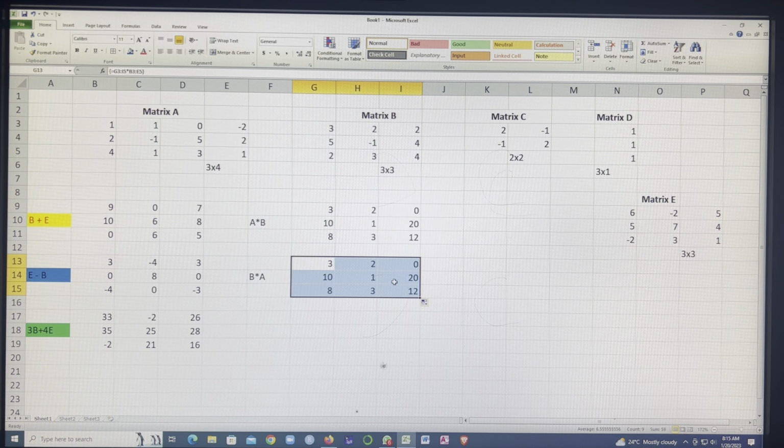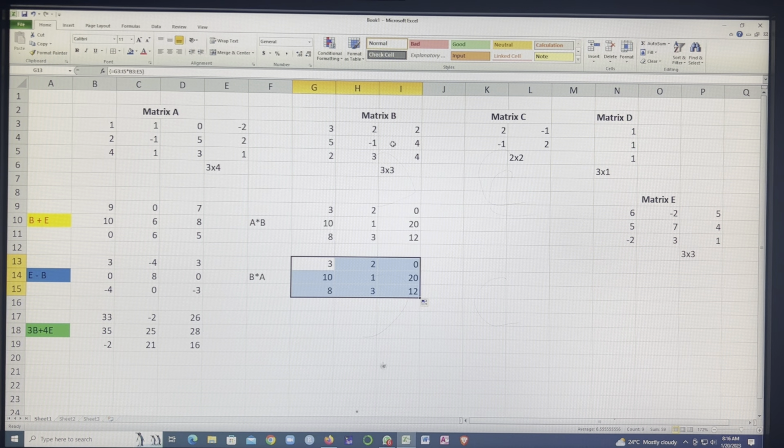So what the computer did, the computer took the first row and multiplied it by this one by this, this by this by this, and this by this. So that's what the computer did.